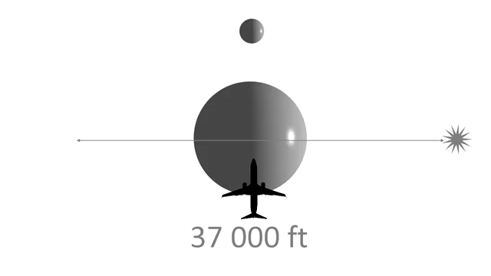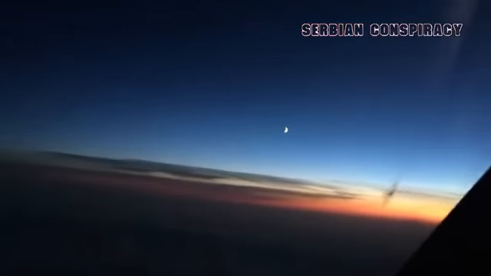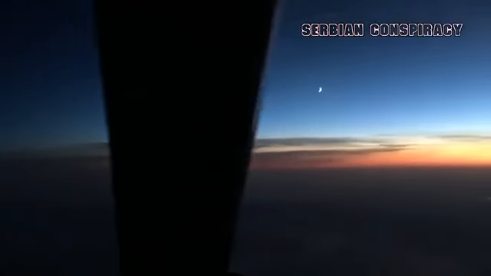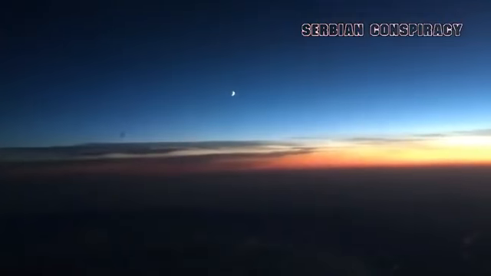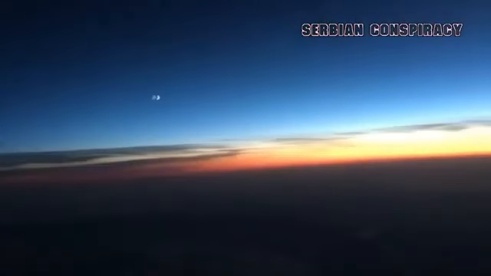Now in the next clip, the pilot sees a moon in its first quarter in front of him and the sun on his right-hand side. So if we assume he's flying at 37,000 feet, do you see the problem? How can he see the horizon, the sun on his right, and the moon in front of him in that position? Stop and think. And they're all in the same frame of reference. Do you understand the problem?